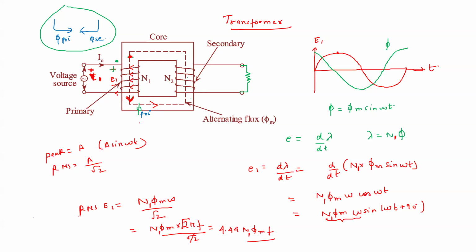If you do not agree, then the current would flow such that this flux and this flux add up, so the effective flux will increase and the amount of magnetic energy is increasing. That should not happen, right? Energy cannot be created. To balance that, the flux secondary should oppose the flux primary.